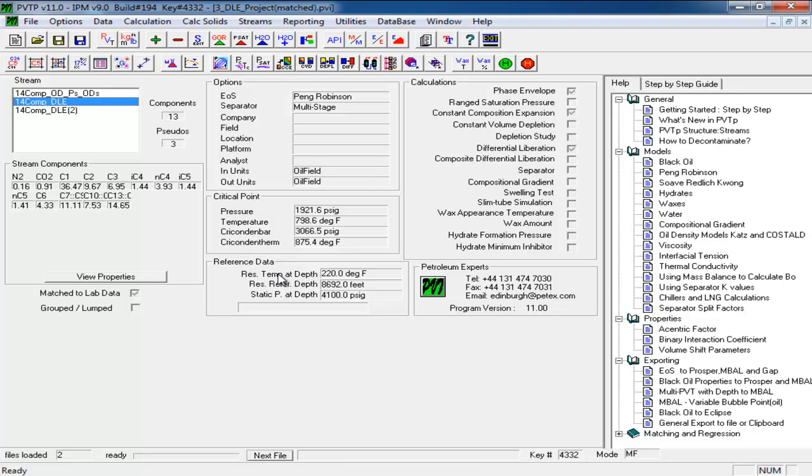But the problem when we try to match DLE is that those ones can get worse. So the question now is, what should I do to match this data without destroying those two here? In DLE, we have RS, D, and this is for differential.